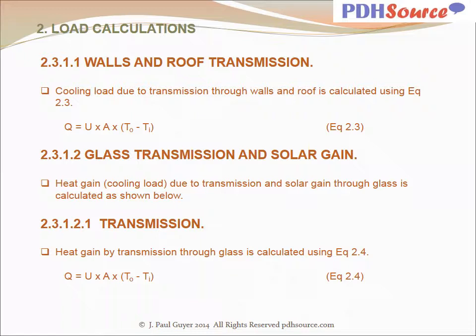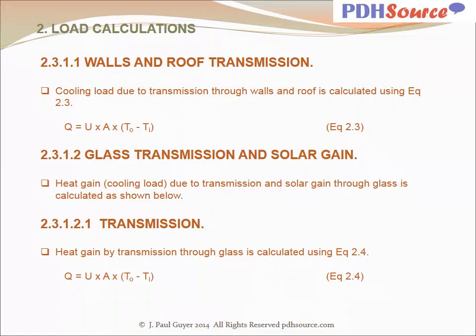For the cooling load calculation, equation 2.3 is used, which is similar to the one that was used to calculate the transmission load for the heating season. Q is equal to U times A times TO minus TI. TO is the outdoor design temperature. That might be 100 degrees Fahrenheit.